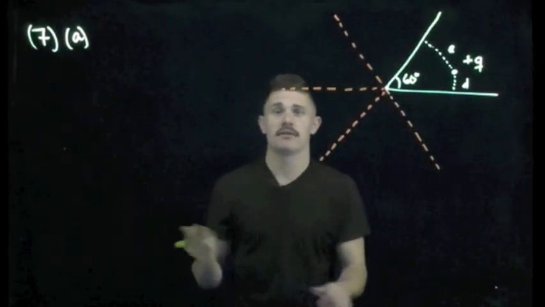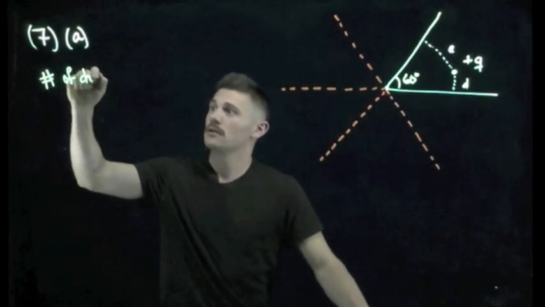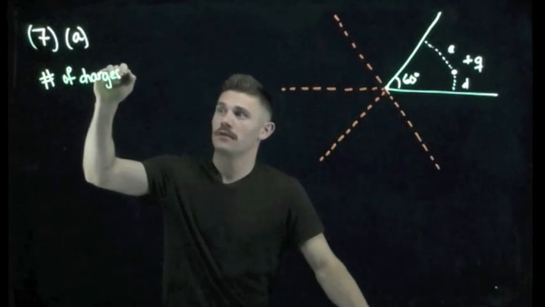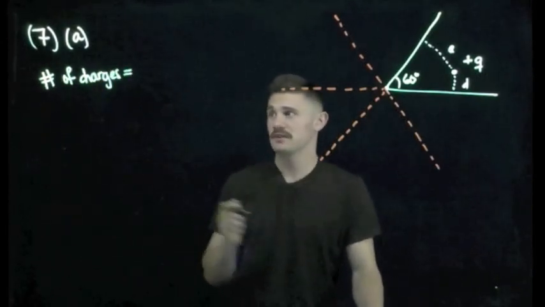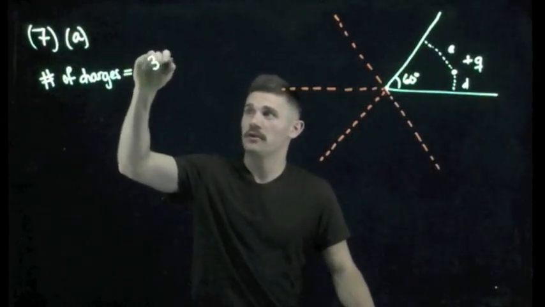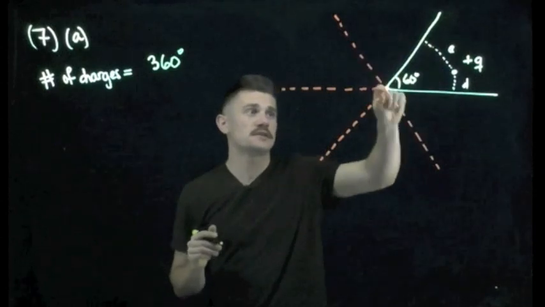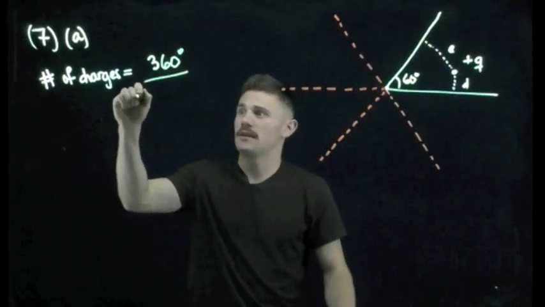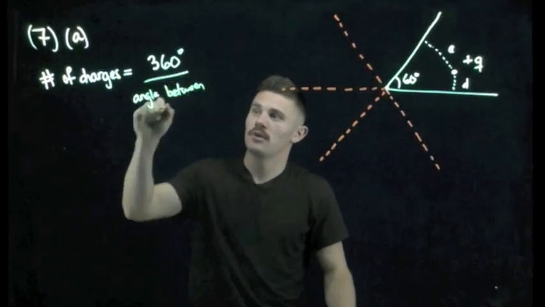The way I like to remember it is that the total number of charges in our configuration, including the image charges and the charges that are already present, is equal to 360 degrees, the total circumference around the central point, divided by the angle between the planes.